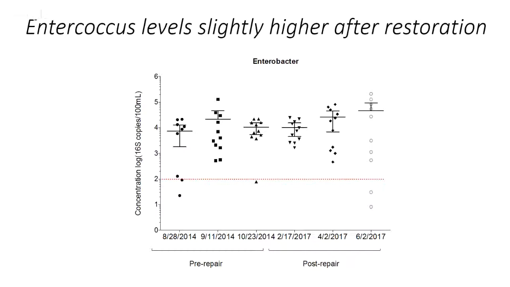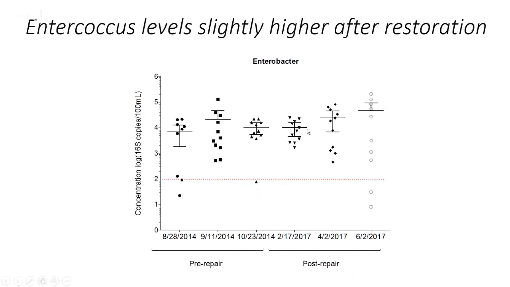So this is some of the data of the Enterococcus indicator bacteria. And you can see on the left, these are the sampling dates in 2014, which is again representative for pre-ocean break repair. And on the right, you can see post-ocean break repair dates. And you can see that there's a slight increase in Enterococcus indicator bacteria over time.